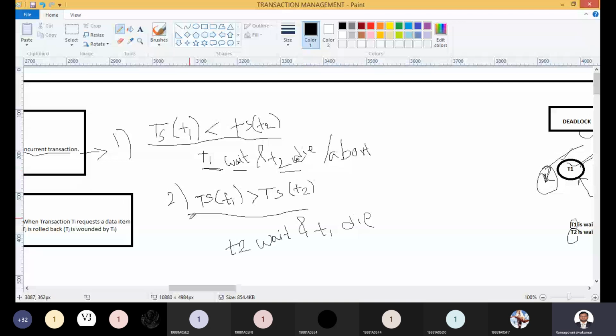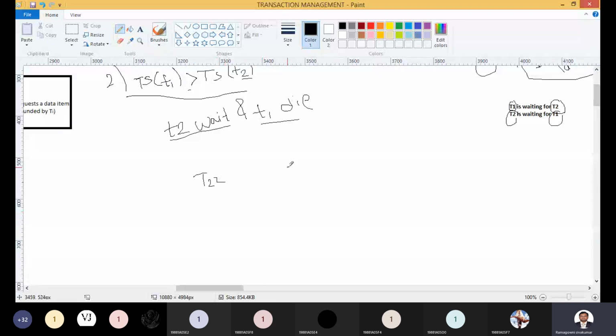For example, suppose the transactions are T22, T23, and T24 with timestamps 5, 10, and 15 respectively.